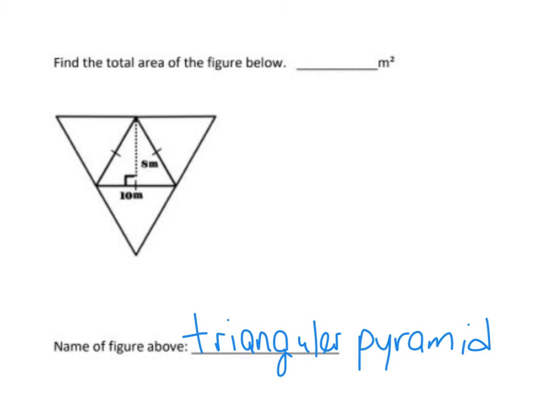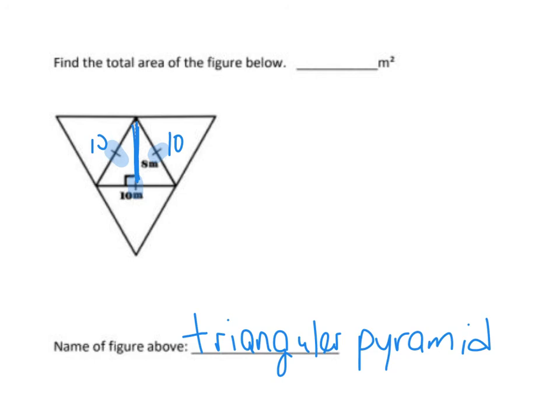Okay, so again, this is a triangular pyramid. So what we're looking at, these marks right here, those are all congruent, which means that that's going to be 10. Those are 10, not 8, because 8 is actually for the height.